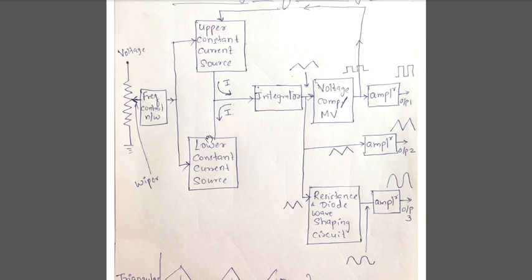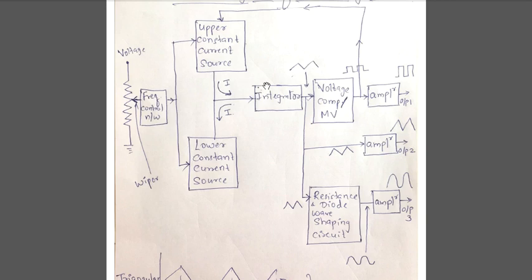Hence, you can see that the arrow here is shown from the upper current source towards the integrator, and here the arrow for the current is shown from the integrator to the lower constant current source. So this provides the current, and this takes the current from the integrator.